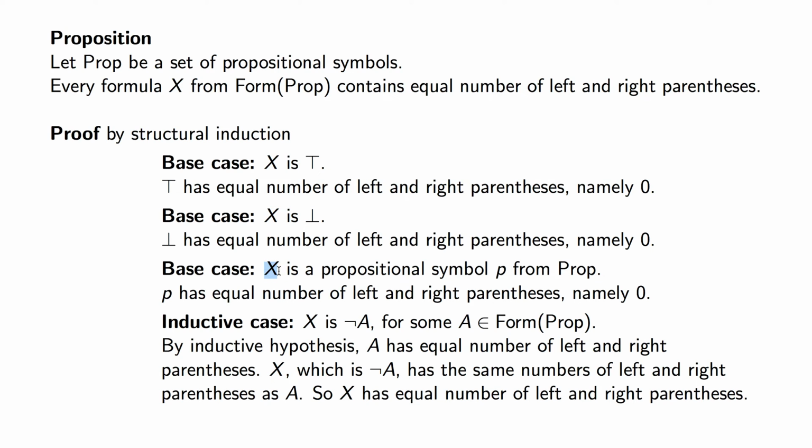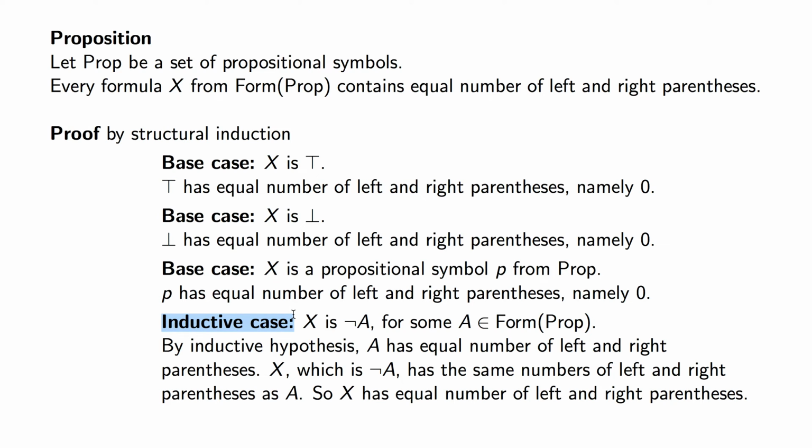The next base case: if X is a propositional symbol, then P is a formula according to our definition, and clearly it has equal numbers of left and right parentheses.